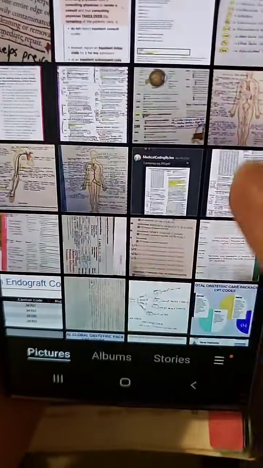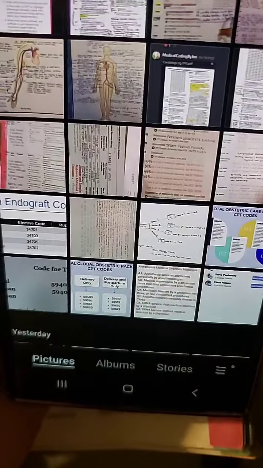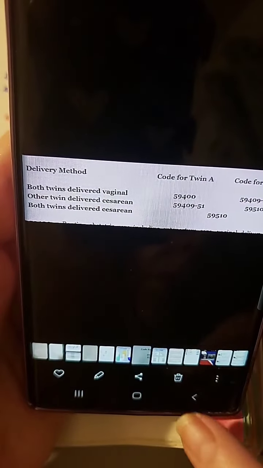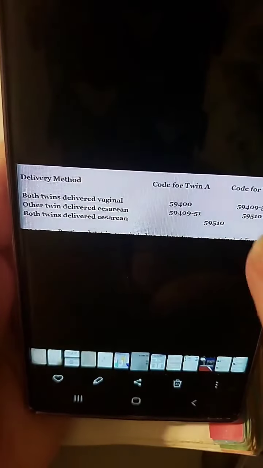I was going through it today and just looking at some of the old stuff that I have posted. These are downloads that I did today of what was in the CPT book prep room, some of the old good info that we have posted on here about how to deliver twins. That was so cool.